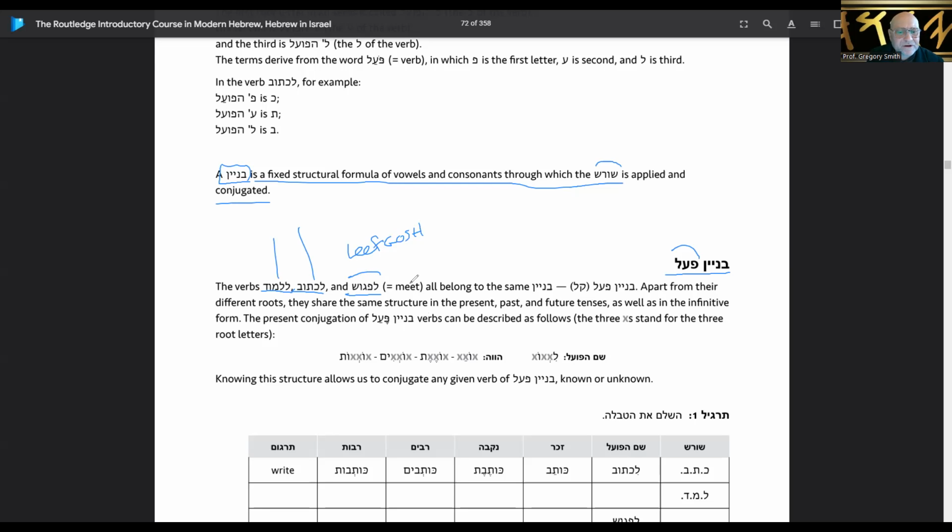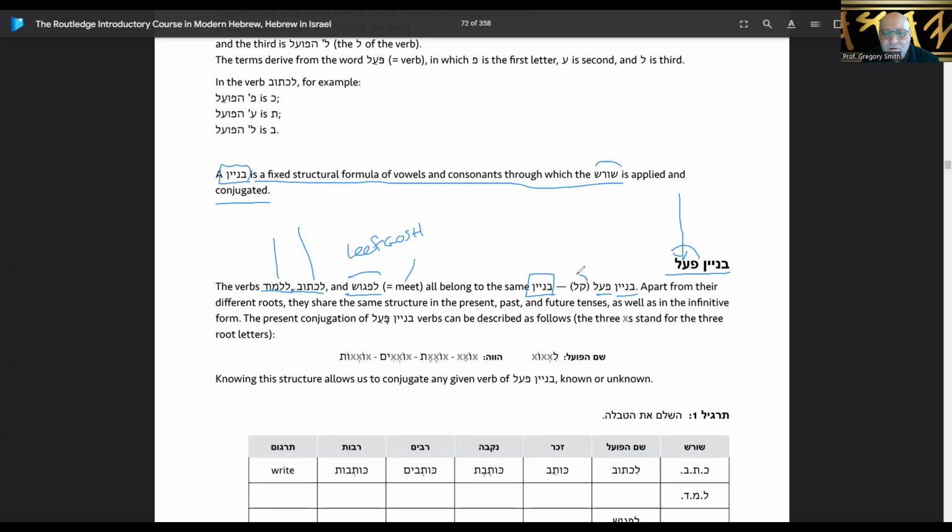So that's the one that means to meet. All belong to the same binyan, which is basically the structural pattern. And the name of the structural pattern is pa'al. I think it's, let's see how it's pronounced. פעל. Yeah, פעל. Pa'al, which is the structure. Okay, so the binyan of pa'al.